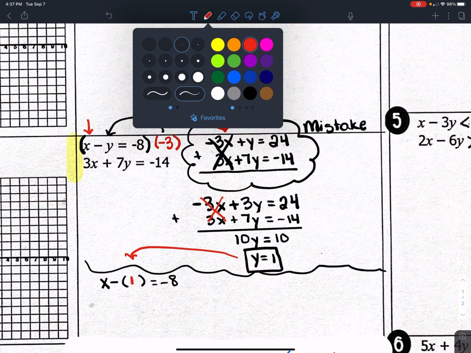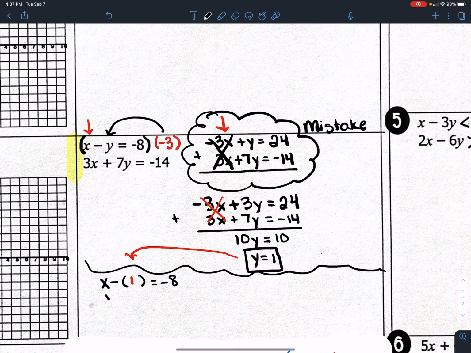Then, to finish simplifying that, we have x minus 1 equals negative 8. Add 1 to both sides, and I get x equals -7. So the solution for that one should be -7, 1.